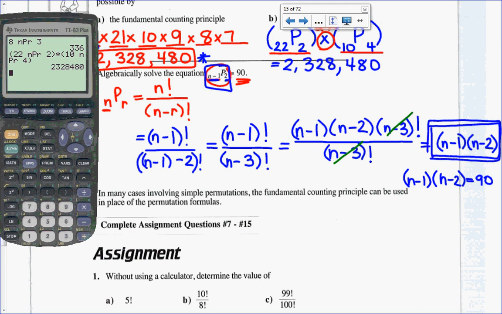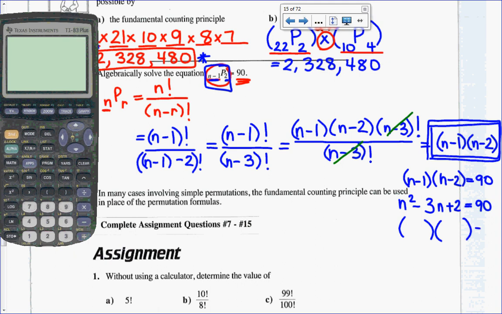But because I have to actually solve this equation and come up with n equals something, I am going to have to FOIL this now that it's in equation form. So I have n squared minus 2n minus 1n is minus 3n. Negative 1 times negative 2 is positive 2. And that equals 90.